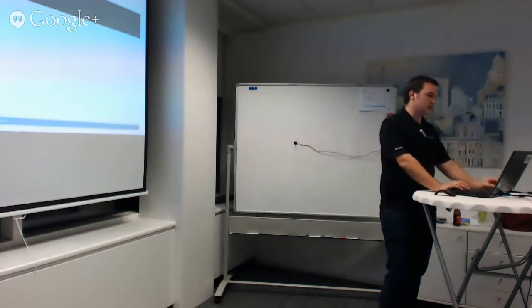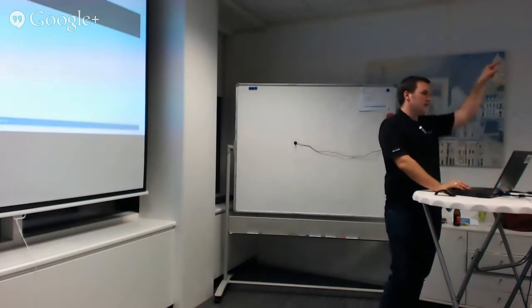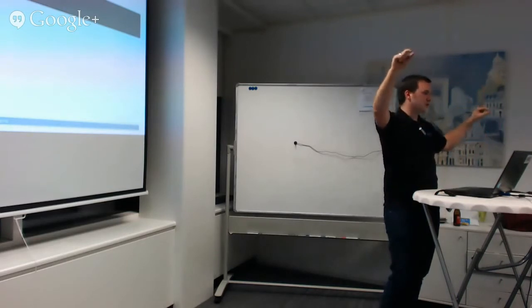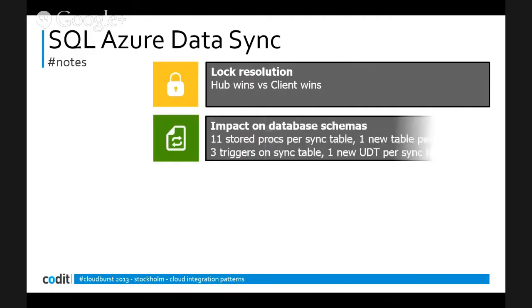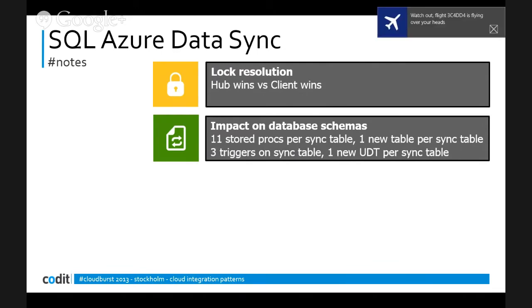So you have concepts there of conflict resolution, where you say, the cloud database always wins, so if the same record has been updated in both databases, you can specify who wins, the local one or the cloud one. There's impact on database schemas if you use SQL Data Sync. So in your synchronized databases, this is all created for you in separate schemas, so it's not in your existing ones, but they are all created like new tables, new triggers, and things like that.